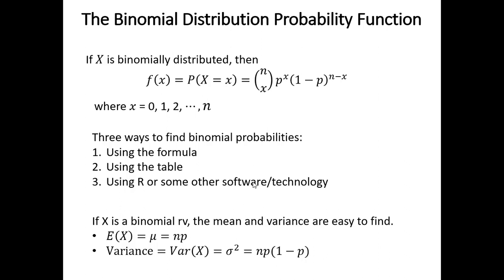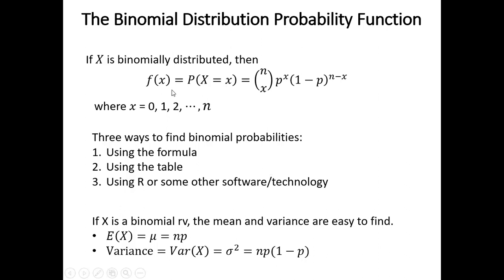Now, one of the advantages of talking about a random variable and describing it as a binomial is that once we know it's binomial, there are fast ways to find probabilities. So we would have formulas in the case of the binomial.